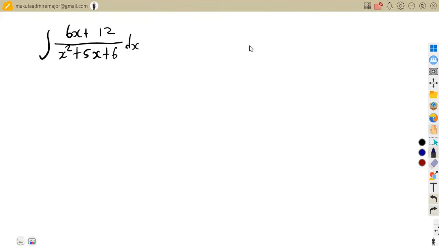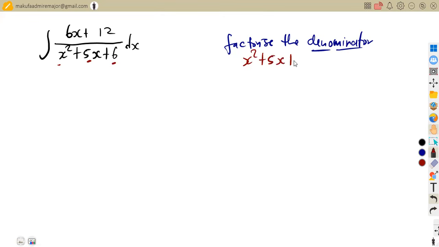We are supposed to factorize the denominator first. So consider x squared plus 5x plus 6. Do we have factors in this case? Let us consider two brackets. Since the coefficient of x squared is 1, we're going to have x and x.